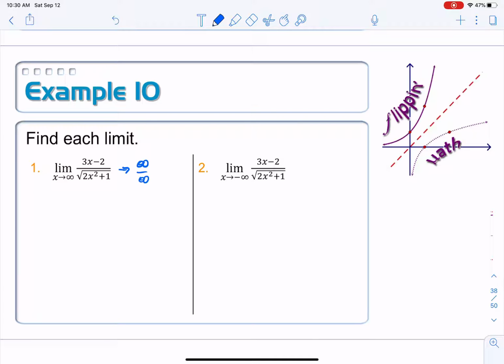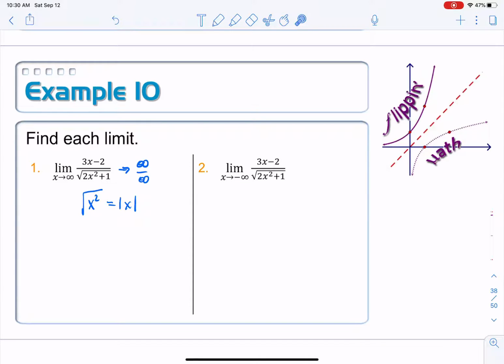And that strategy, just like the strategy before, is to divide the top and the bottom by the highest power of x in the denominator. You might think the highest power in the denominator is an x squared, but it is surrounded by a square root. And we just talked about how the square root of x squared is equal to the absolute value of x.